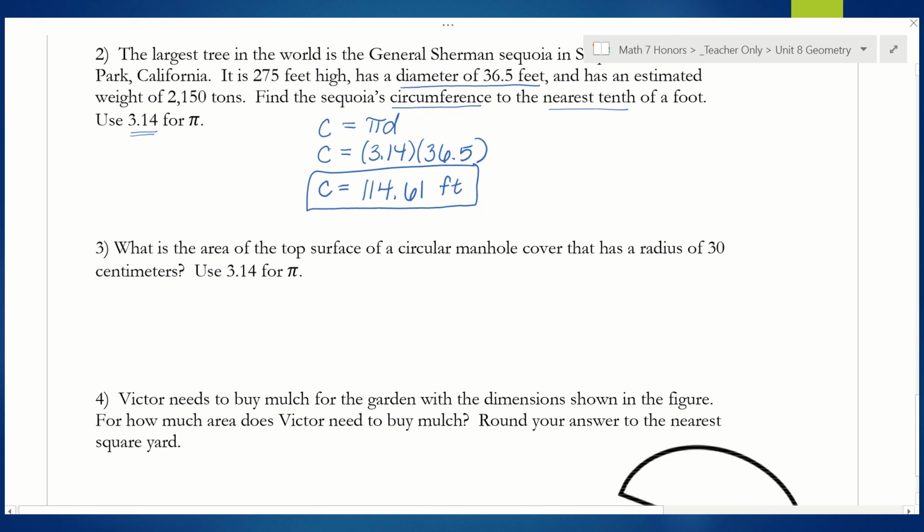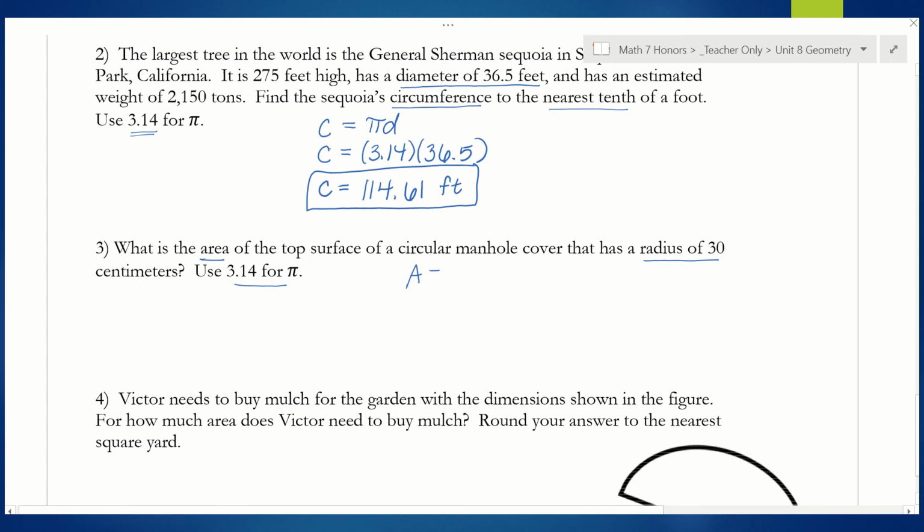Okay. Number 3, what is the area of the top of a circular manhole cover that has a radius of 30 centimeters? Use 3.14 for pi. Okay, so we know radius, we're trying to find the area, and we're using 3.14 for pi. Oops, not circumference.